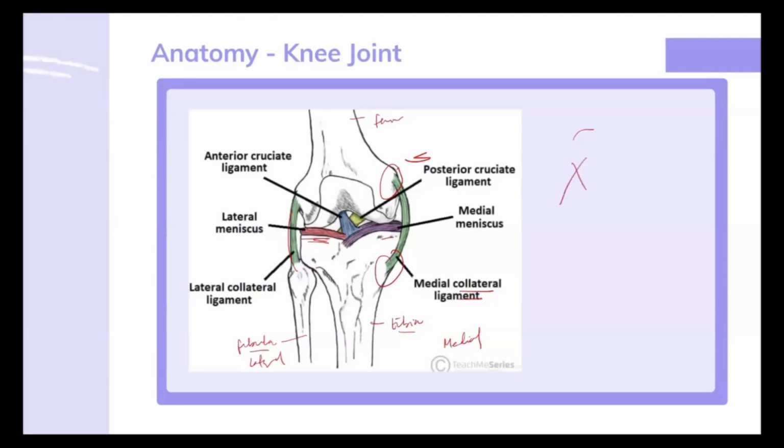Cruciate means X or something that's making a cross. So they're crossing over like this. Anterior because it's moving to the anterior aspect of the femur, and posterior because they're moving to the posterior aspect of the femur.